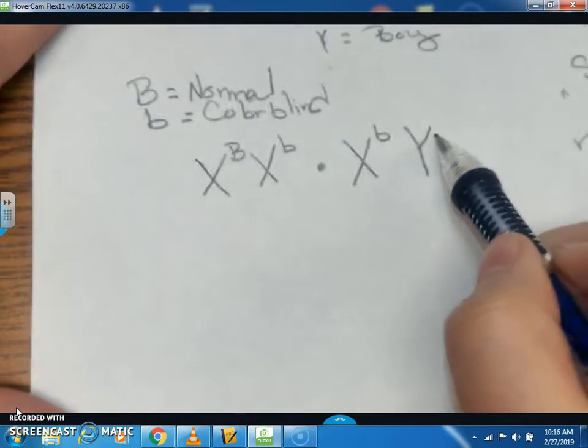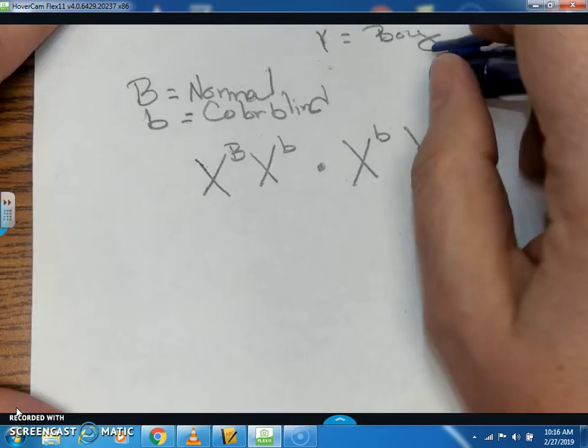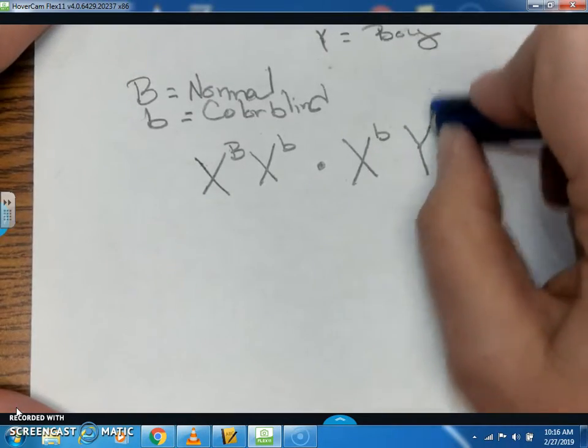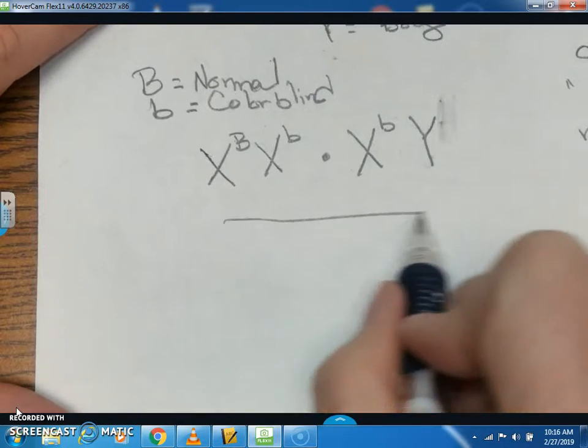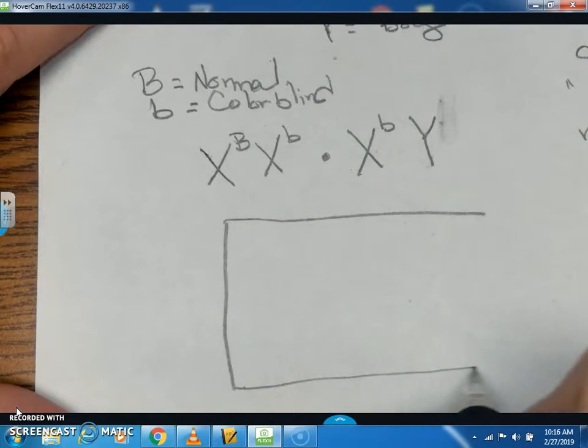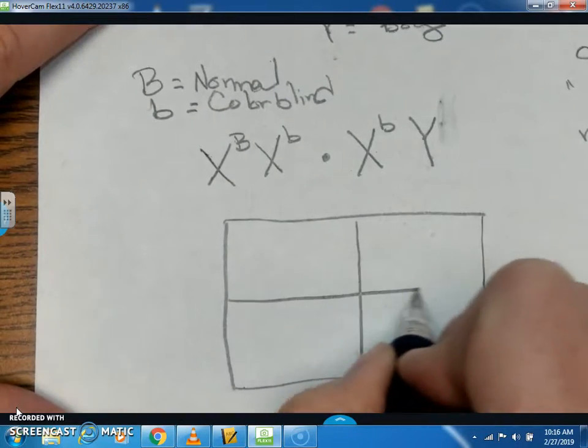Notice that there's nothing written on the Y, and there can't be, because the only thing a Y is good for is to show that I'm a boy. That's it. So if I were to plug this into a Punnett square, and I'm going to have the X and Y present, I know it's a lot of letters, but it will help you.